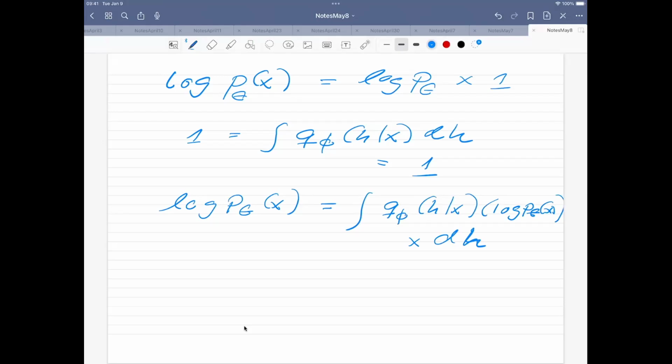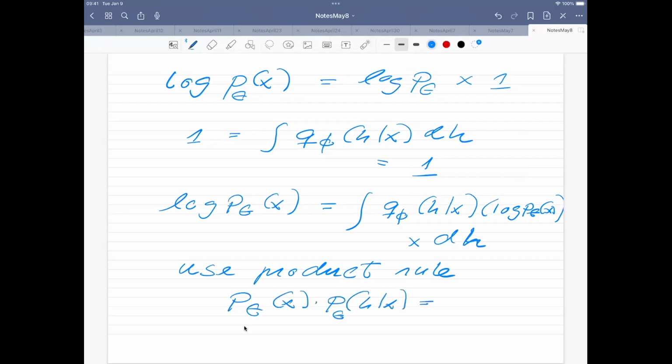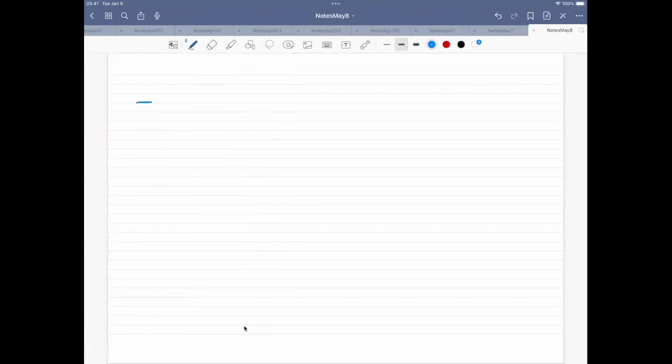Then we know that we can use the product rule. I'm not going to repeat all the steps here. So we use the product rule, which means that P theta of X multiplied with P theta of H given X is given by P theta of X and H. And when we did that and went through some additional manipulations, we could show that the final integral we have to evaluate, this quantity here which is given by an integral, we could rewrite in terms of the following.